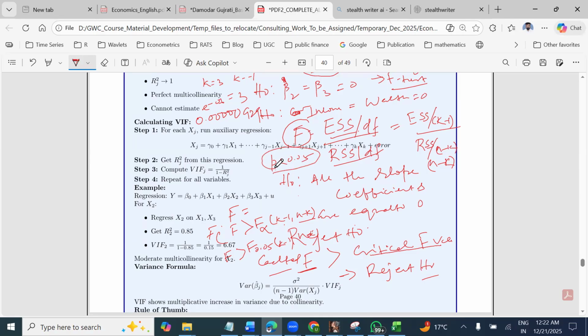Less than 0.05. Very good. Even less than 0.01.